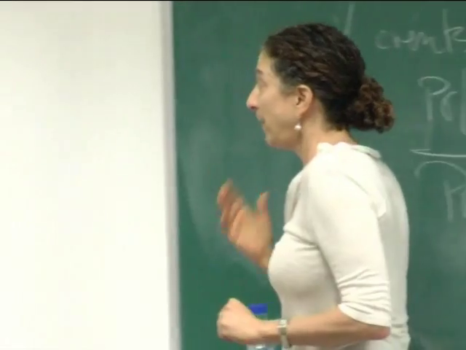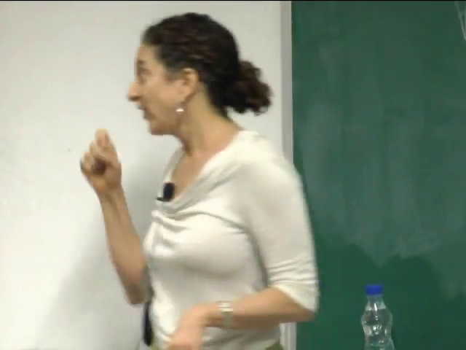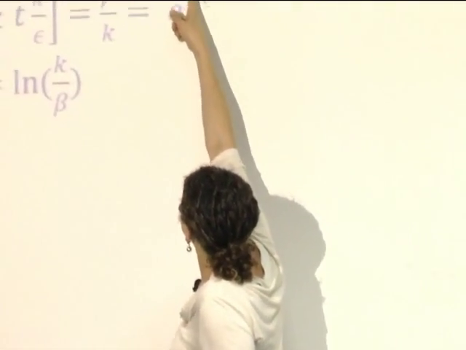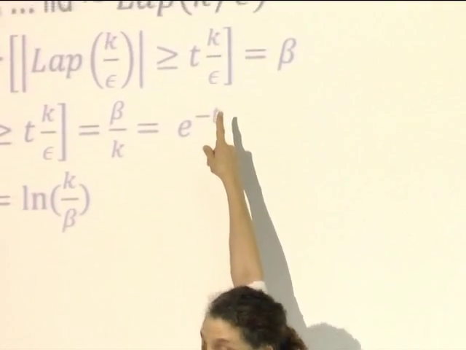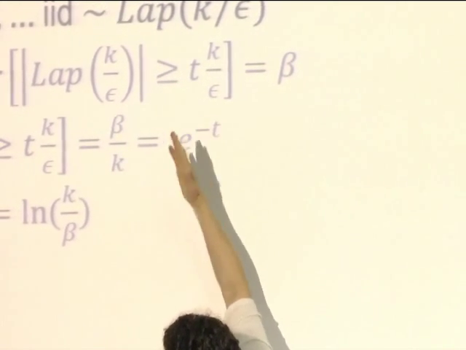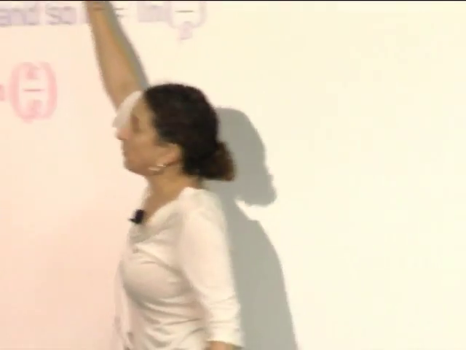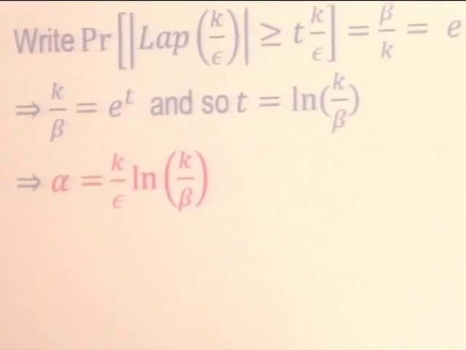I'm going to allow a beta probability of failure. So I want to find t such that k times the probability that I'm at least t times k over epsilon in size is equal to beta. Why am I multiplying by k here? Well, it's just a union bound. Okay.